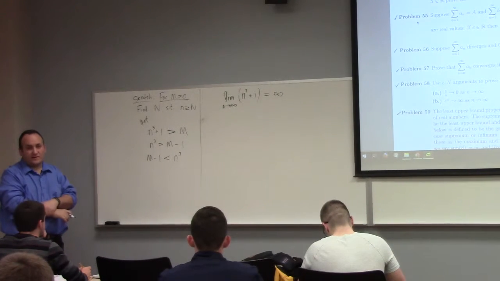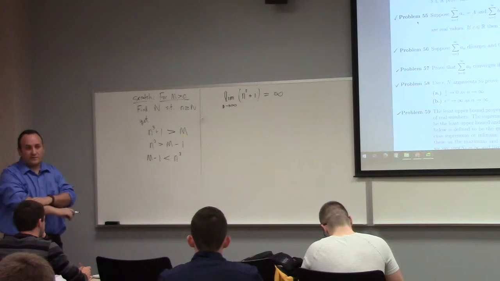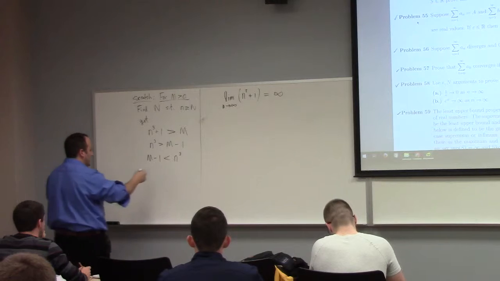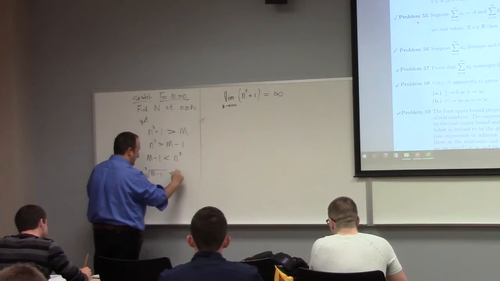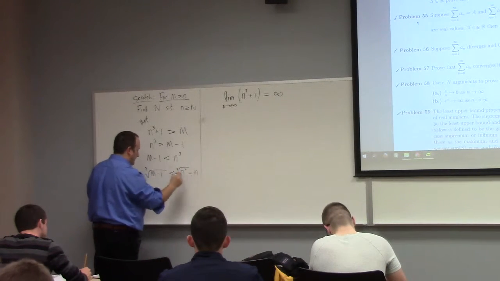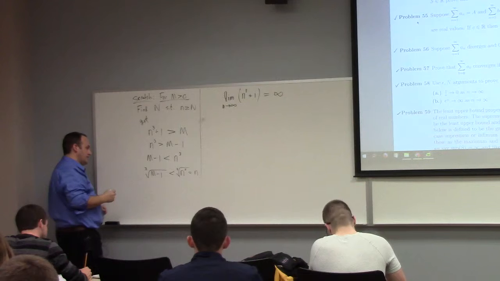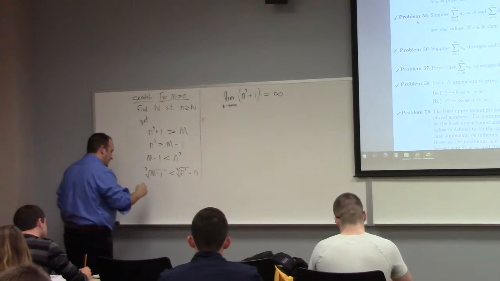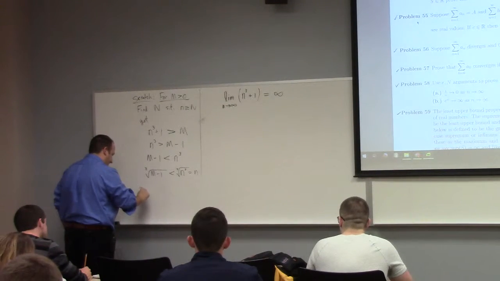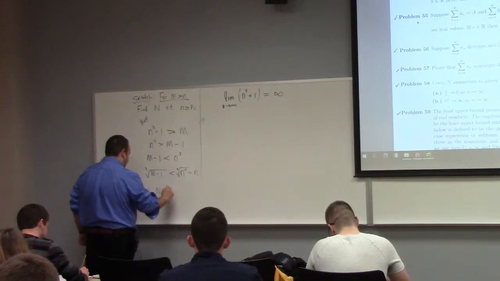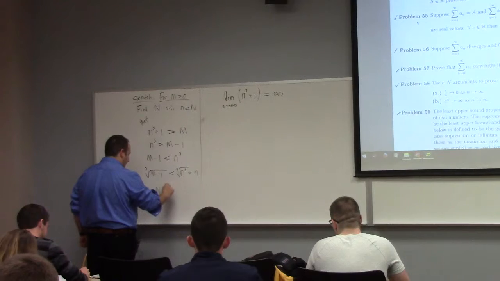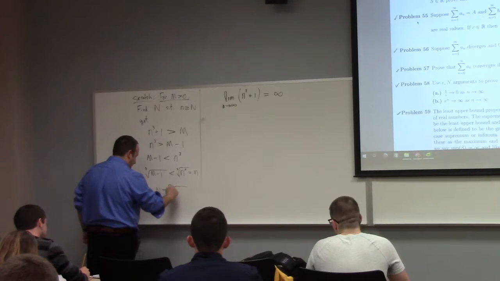If you think about it, yes, cube root is an increasing function, which means it preserves inequalities, at least for positive inputs. So I can take the cube root of this. So it looks like I want to make N equal to, you could call this, the ceiling of the cube root of m minus 1.